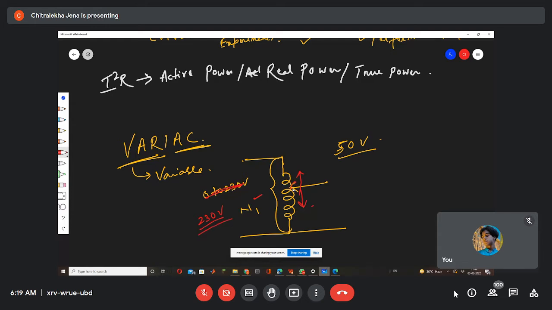When you move this up and down, you will get voltage from 0 to 230 volt according to the number of turns N2, because you are changing this point. Am I clear to all of you? Yes, ma'am.